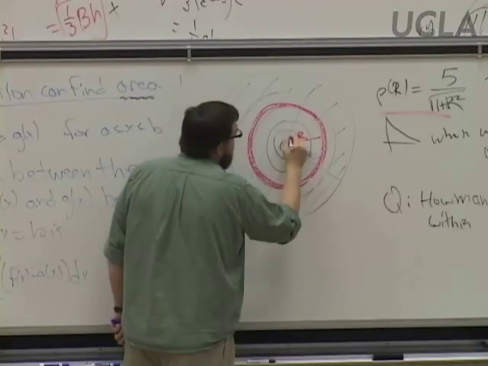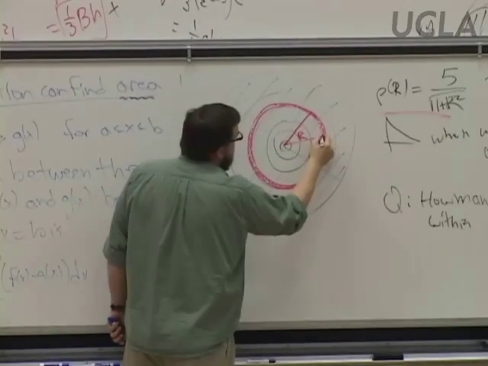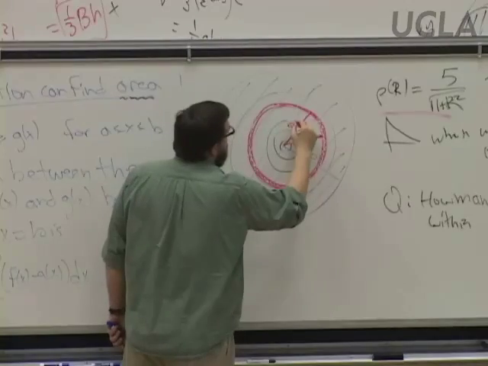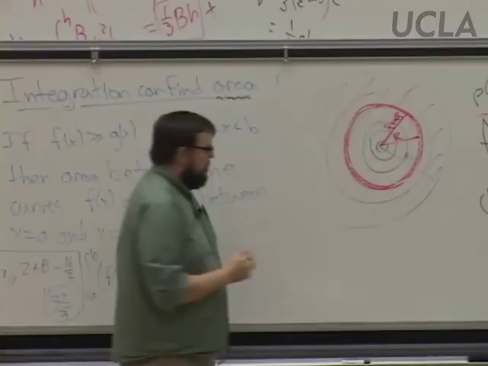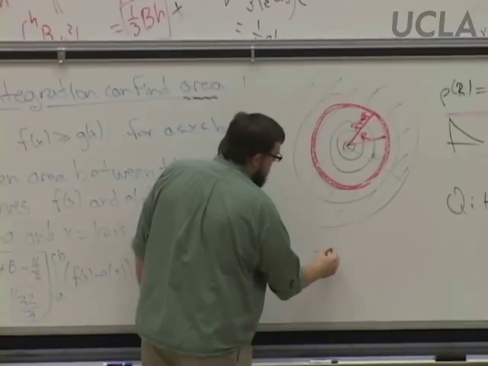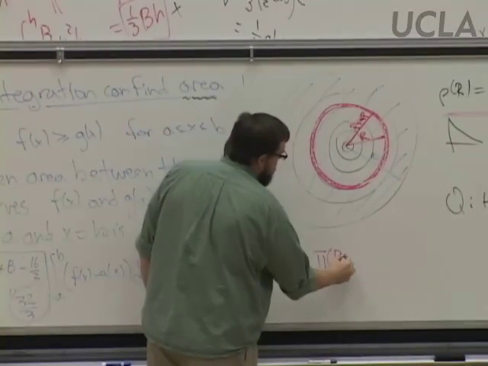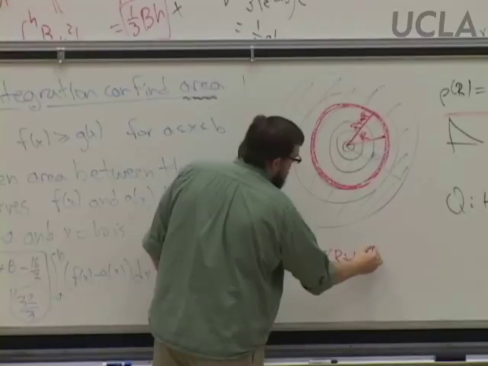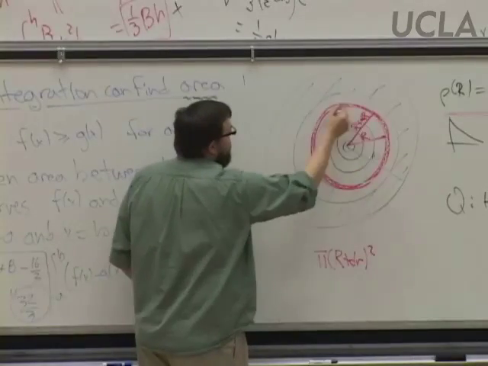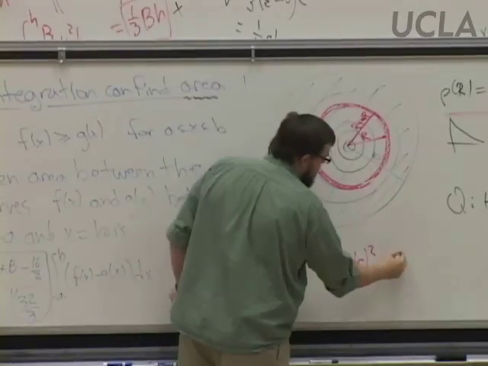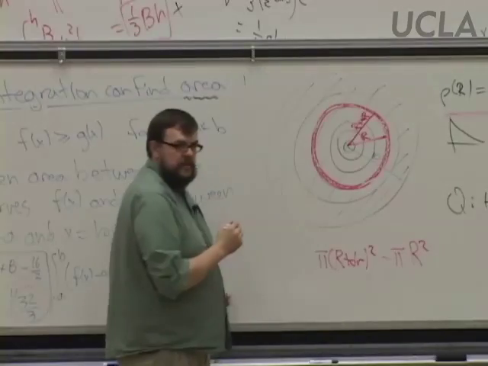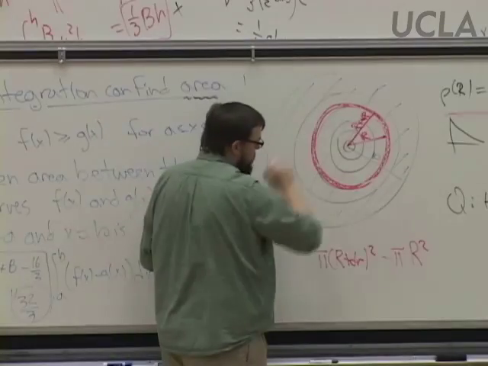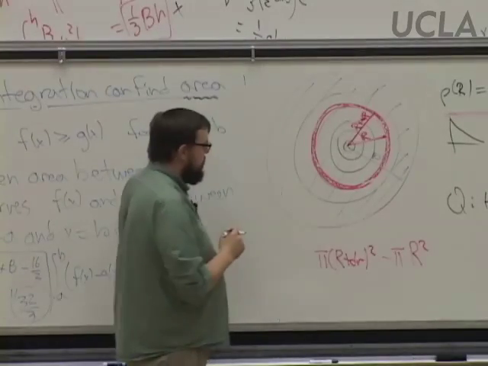Now, how big is this little shaded region? Say r is the inside, and r plus a little change in r, r plus dr, is all the way to the outside. I can take the difference in the areas of the circles. The area of the big circle, the outside edge of the red, minus the area of the little circle, the inside edge, is the area of this thin red annulus.